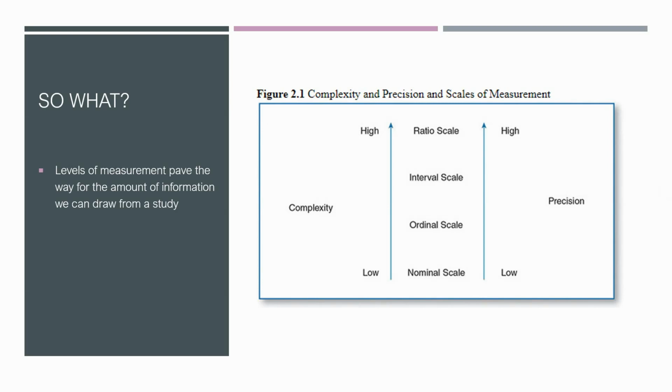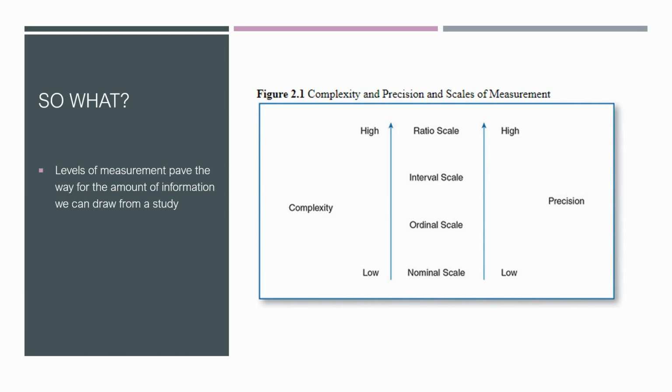And as we saw before, nominal variables are very limited in what we can say about them, just like ordinal variables are as well, okay? So if you can increase the amount of information that you can obtain from a study, please do so. If you can default to a ratio scale, if you can default to an interval scale, please do so, because that will allow you to draw the most information that you can to then be able to make the best conclusions and interpretations possible.